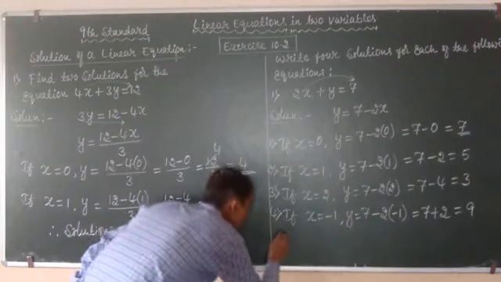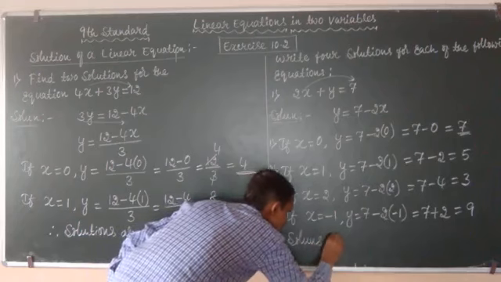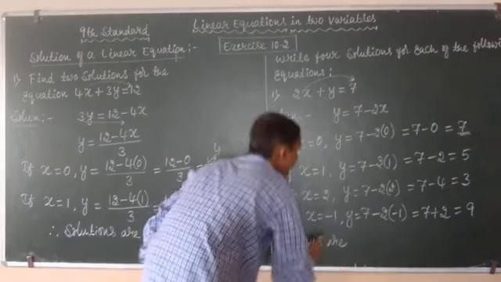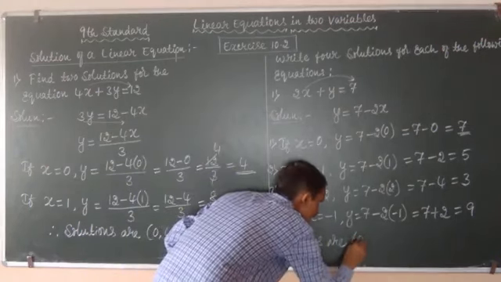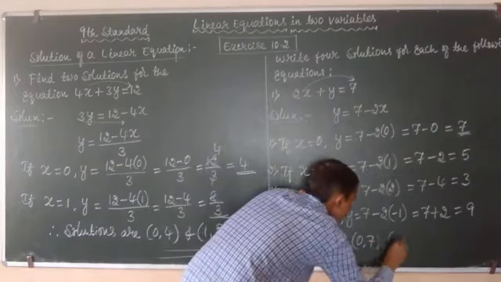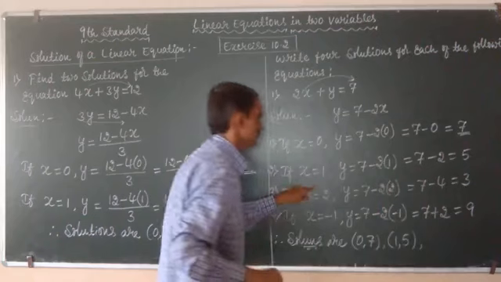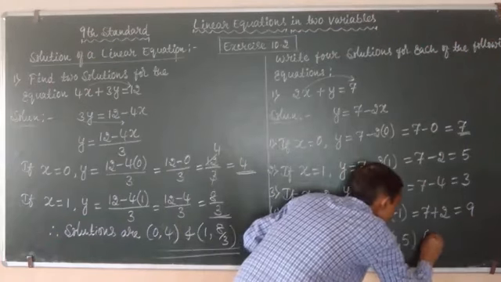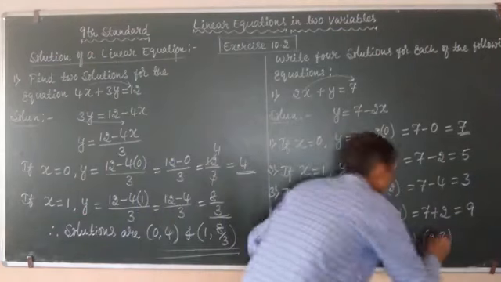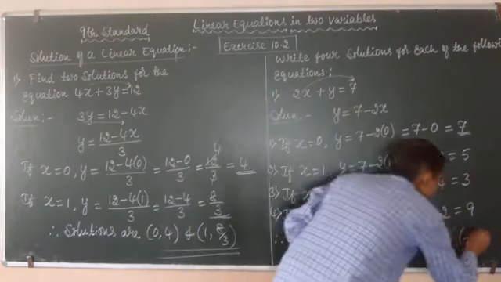Now the solutions are: if x equals 0, y equals 7; if x equals 1, y equals 5; if x equals 2, y equals 3; if x equals minus 1, y equals 9.